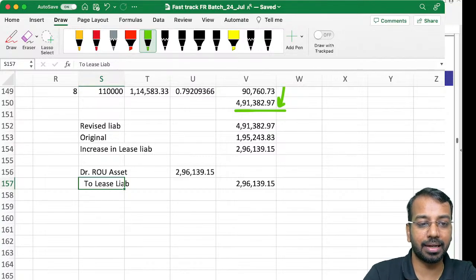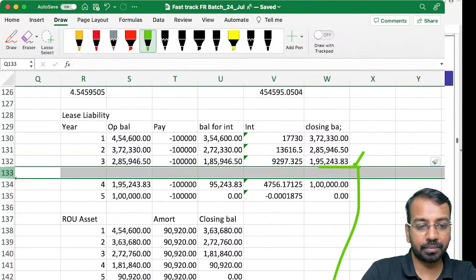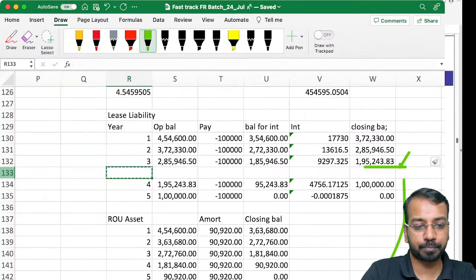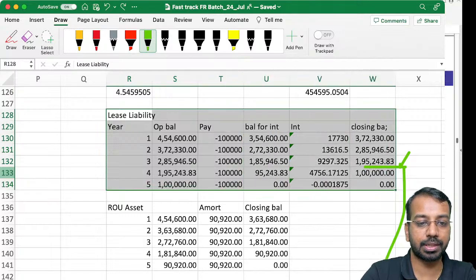Then I'll just update this table and show you. This is the original thing we did, right? Now I'll just update this table and show it to you. How does it change?